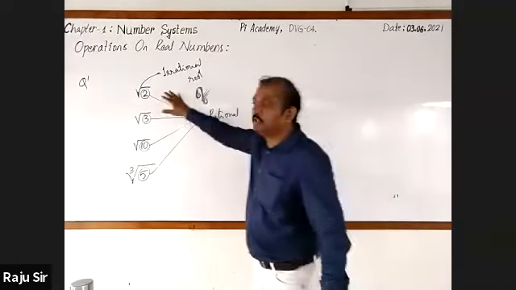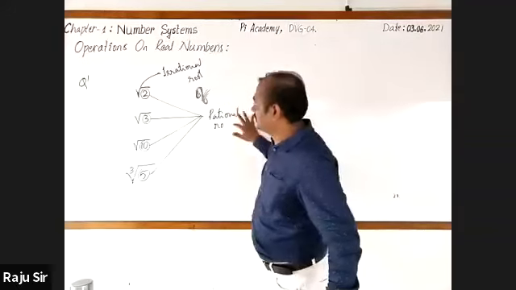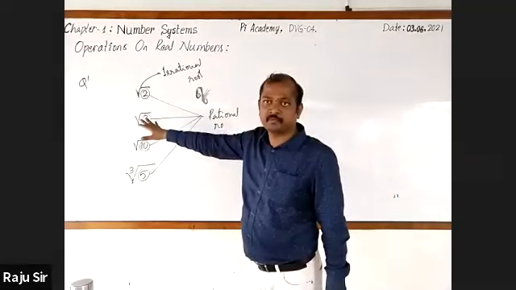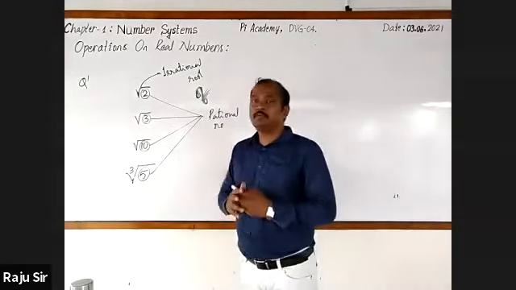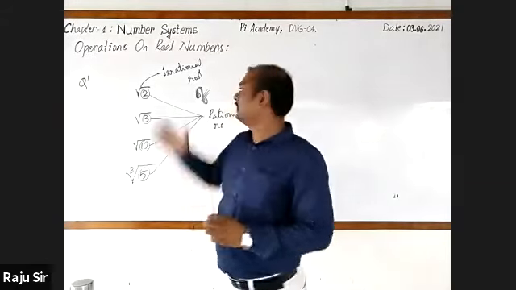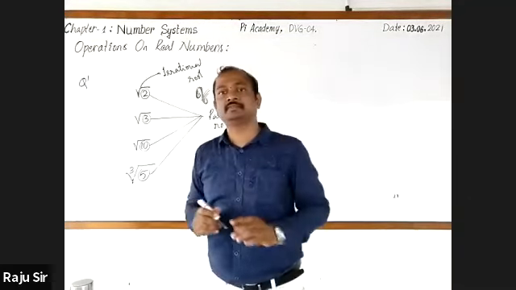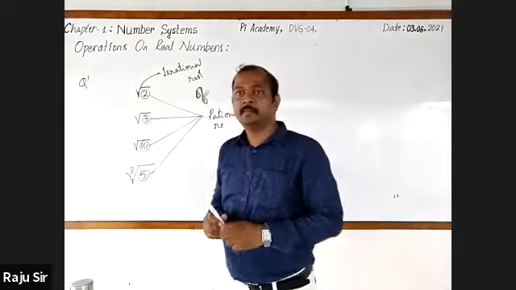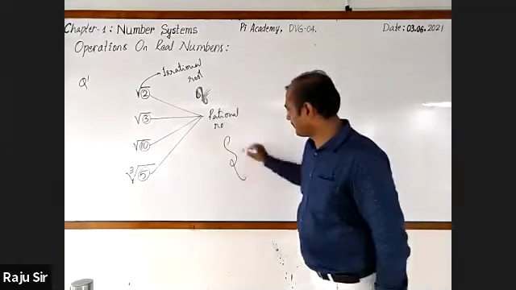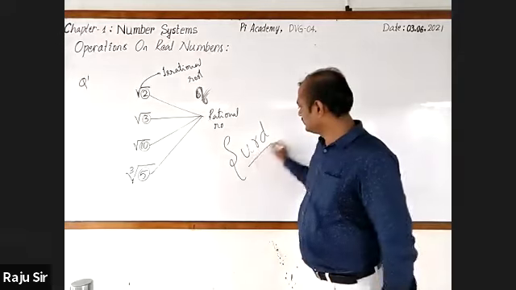Remember. Observe. Once I define, the irrational root of a rational number is called an irrational number. And for this, we have given a special name in mathematics. That is, irrational root of a rational number. If anybody knows, you can tell. It is called surd.